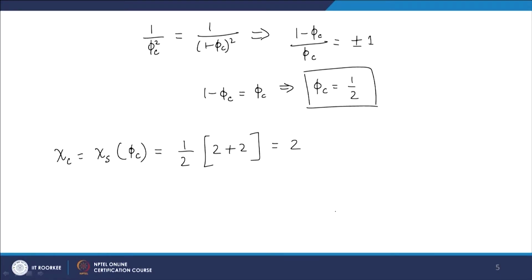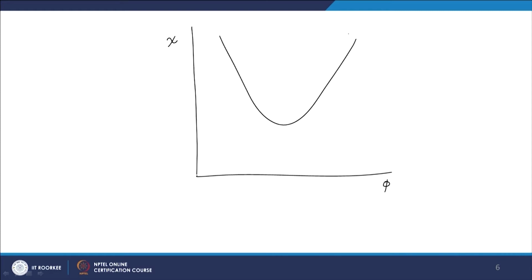what we then have is the following phase diagram that I will draw here. So we have chi versus phi. So of course for chi less than chi c, there is no phase separation.